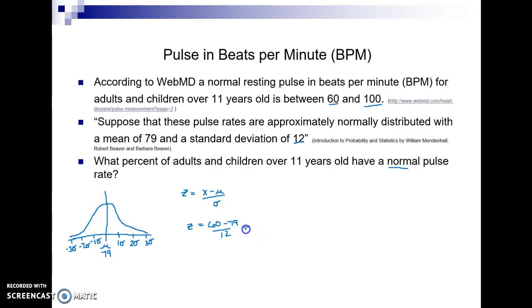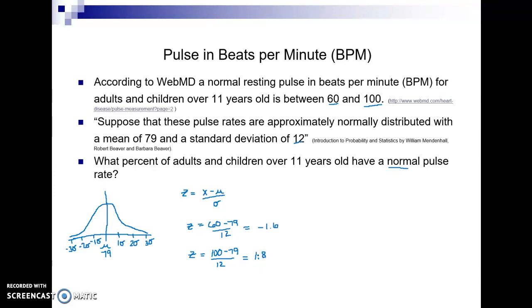Put that on my calculator, and I have a z-score of -1.6. That makes sense to me because 60 is below the mean, so it makes sense that it's negative. So I'll do 100 as well. z equals 100 minus the mean of 79 divided by the standard deviation of 12. Put that on my calculator, and I get a z-score of 1.8.